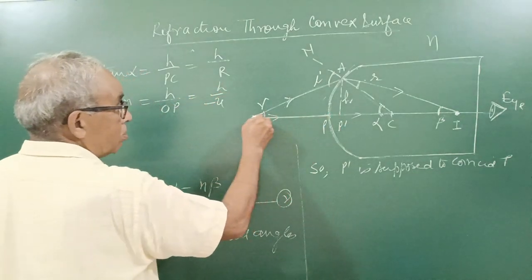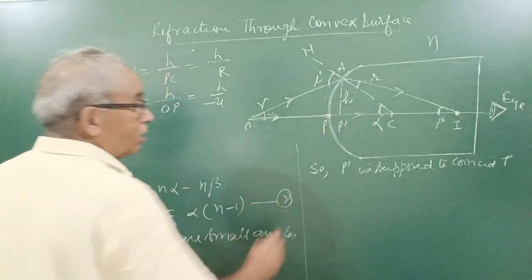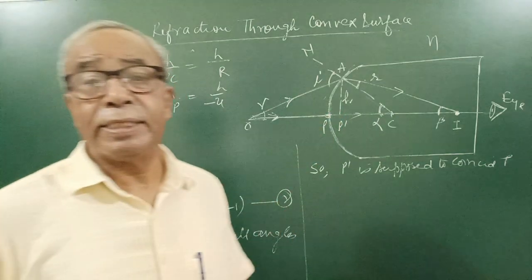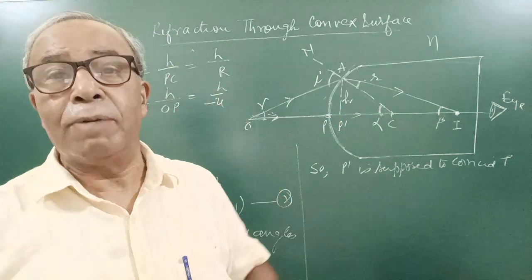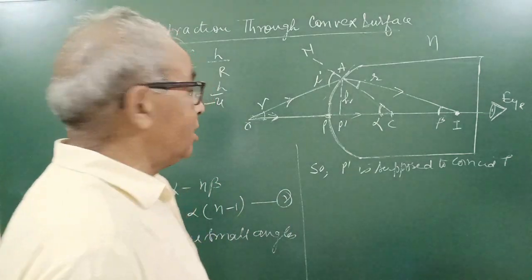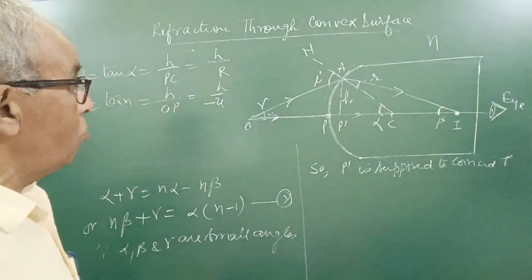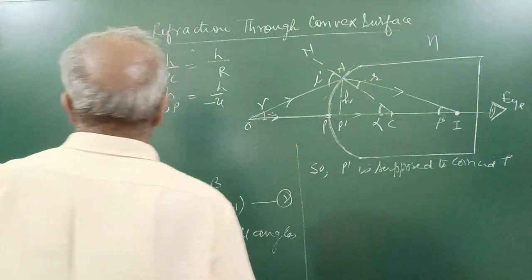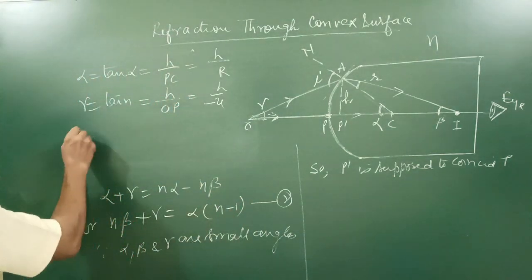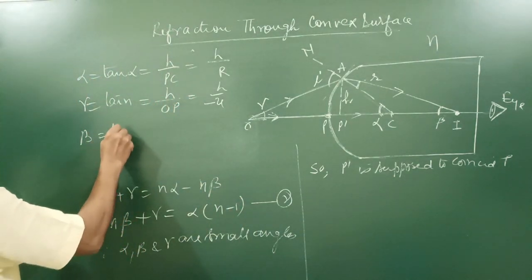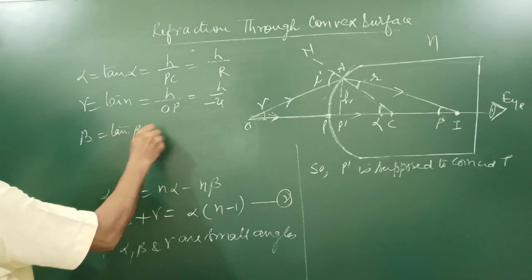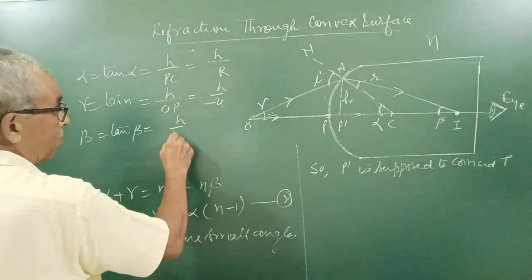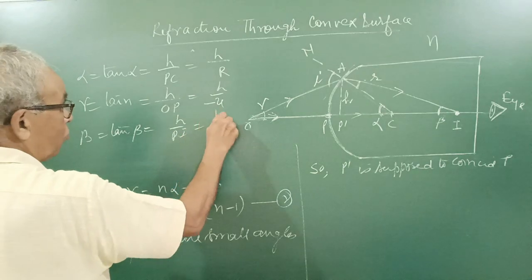Distances along the axis measured from the pole in the direction of incidence are positive, and distances measured opposite to incidence are negative. Tan beta is equal to h upon PI, that is h upon v.